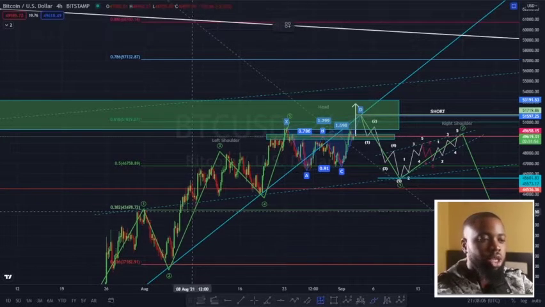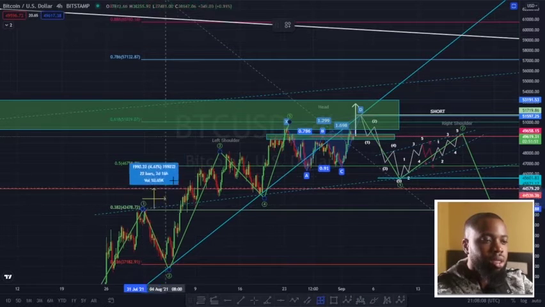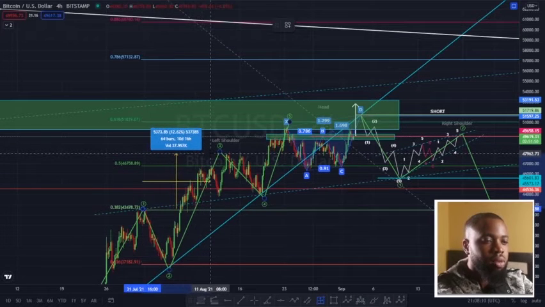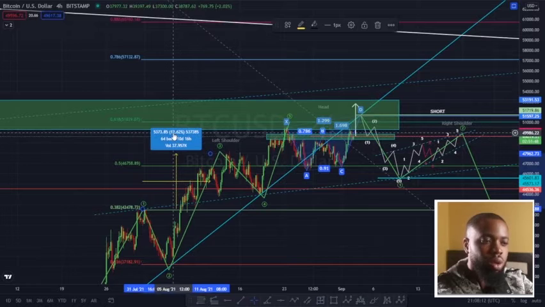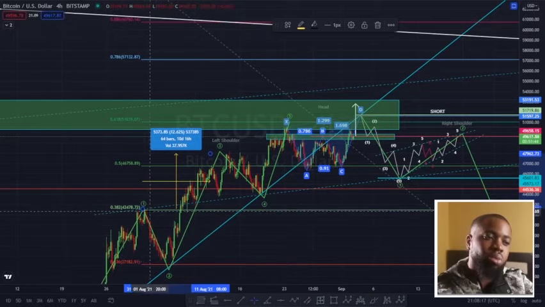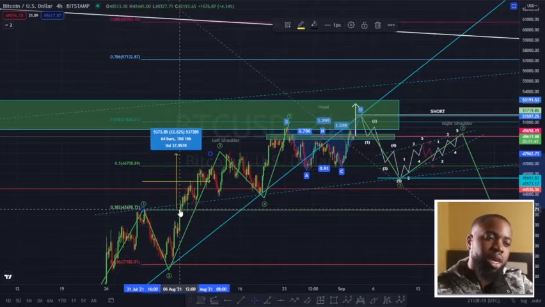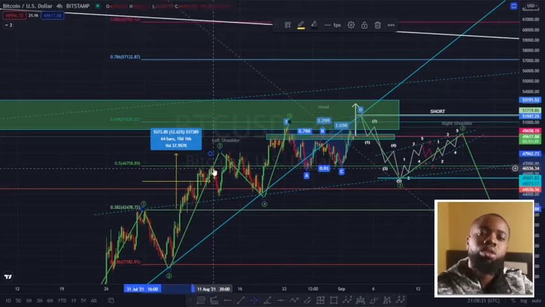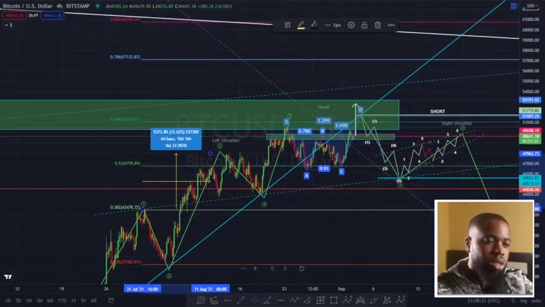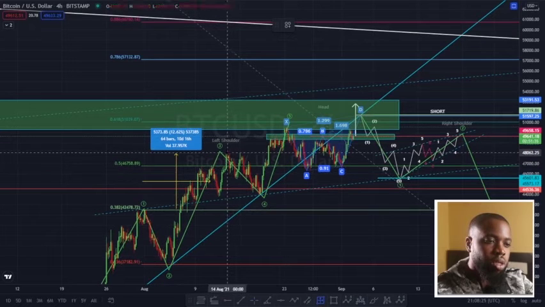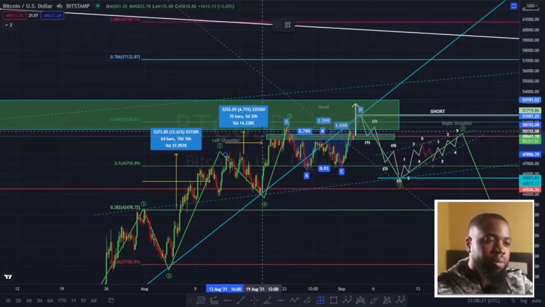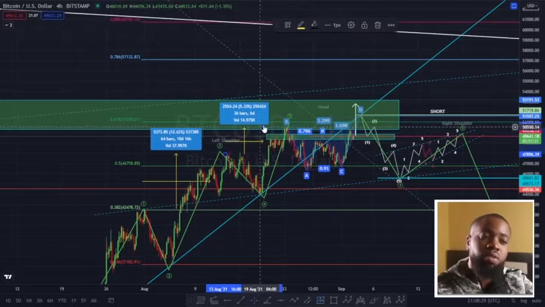So let me show you, from this high to this high right here, we got 12%. So let's say you bought from this high right here after the breakout, you had only a 12% return. Someone who bought from this other high to this other high got a 5% return. So this is what I mean by diminishing returns.